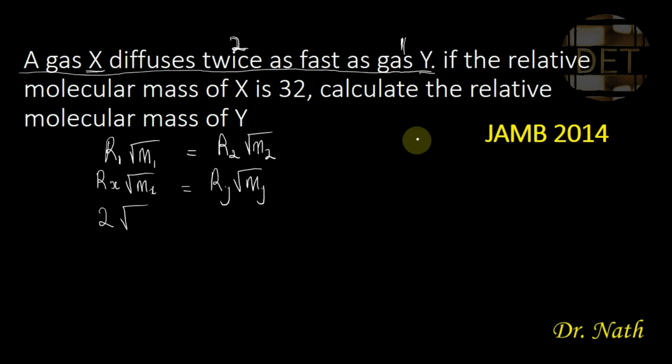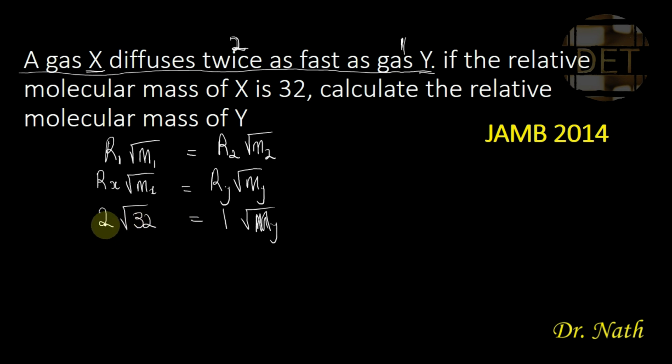Then if you read further, the relative molecular mass of X is 32, so that would be square root of 32 is equal to the rate of diffusion of gas Y, which is 1, times square root of My. The question says calculate the relative molecular mass of Y, so this is what we are calculating.